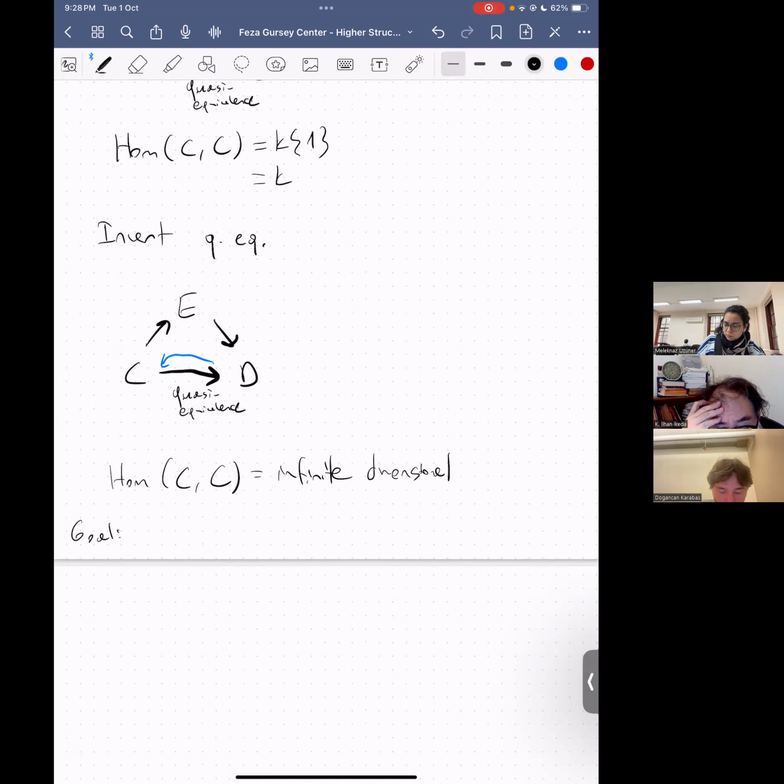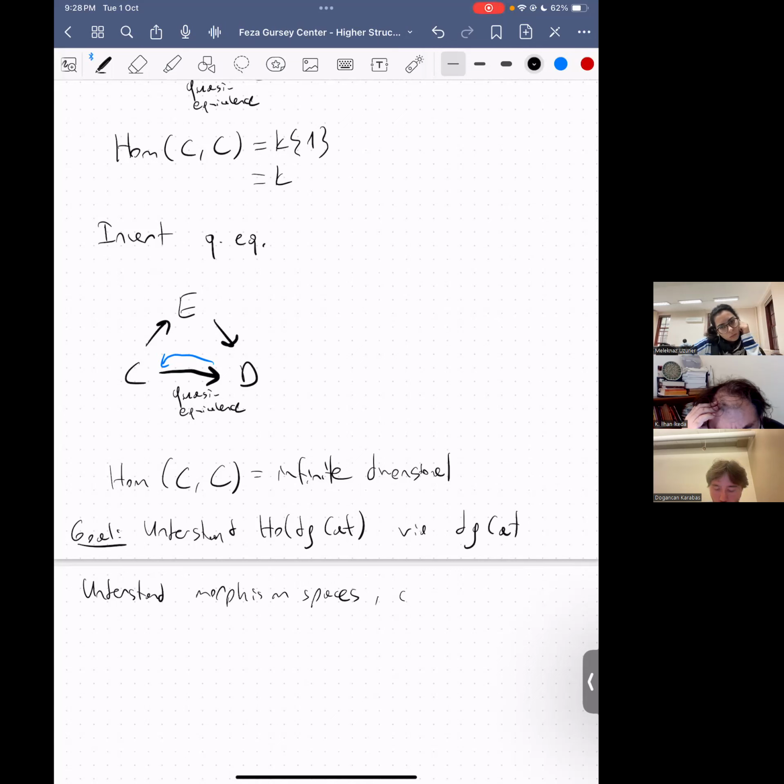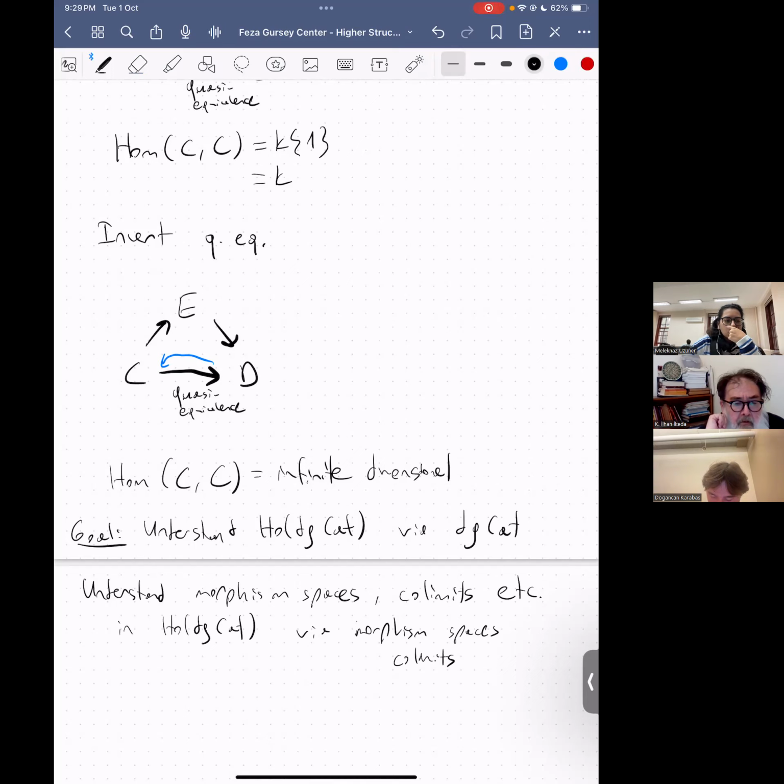So then what is our goal? Goal: understand this new category, Ho DGCAT, where the quasi-equivalences are inverted, via the original category DGCAT, which means understand morphism spaces, colimits, etc. in Ho DGCAT via DGCAT.